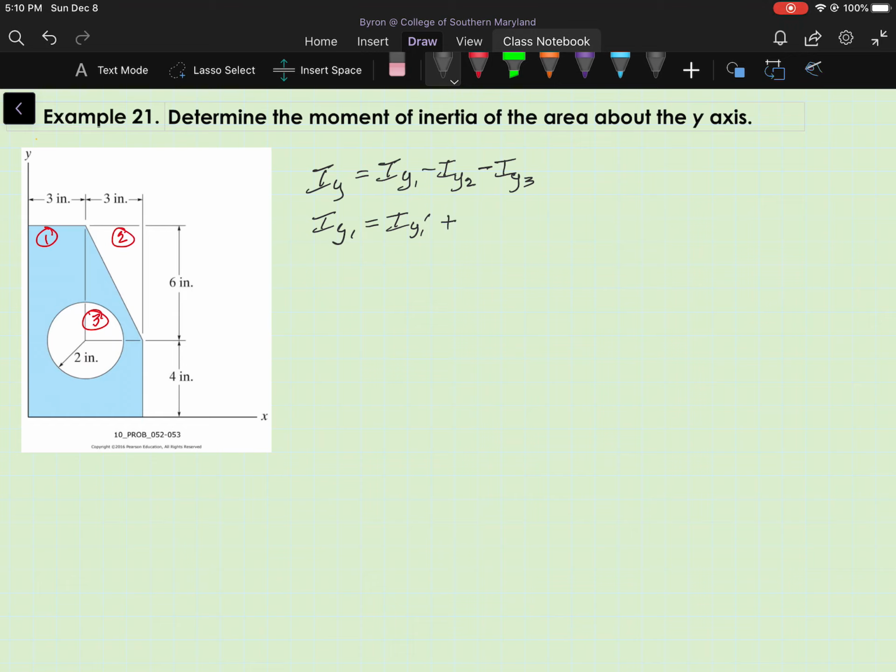And then the second part of the parallel axis equation, I will need to add the area of the rectangle times the distance from the y-axis to the centroid of area 1 squared.